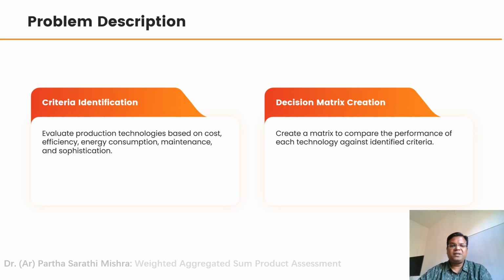Energy consumption, if the energy consumption is low it is very good for us, so again it is a cost criteria. Maintenance, if the cost of the maintenance is too high, then again it is a cost criteria. And sophistication, if the sophistication level is increasing, then it is very good for us, so it is a benefit criteria. So among the variables we have to identify which are the cost criteria and which are the benefit criteria. That will help us during the normalization process.